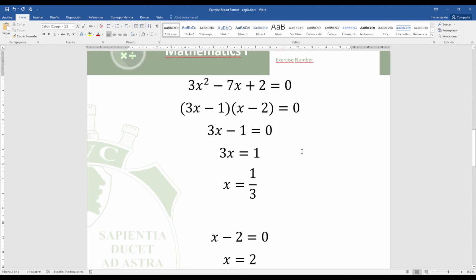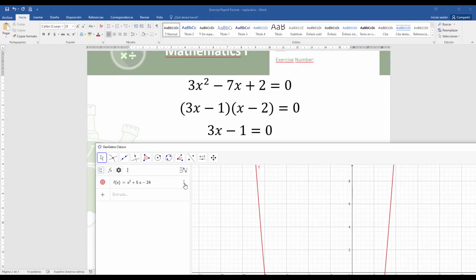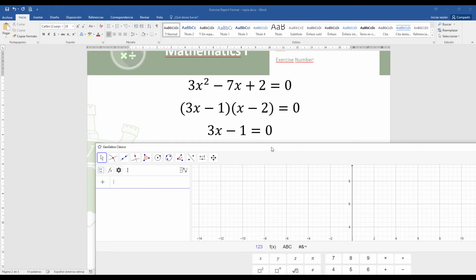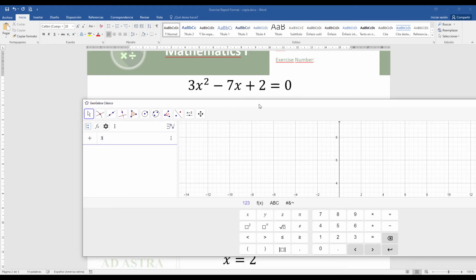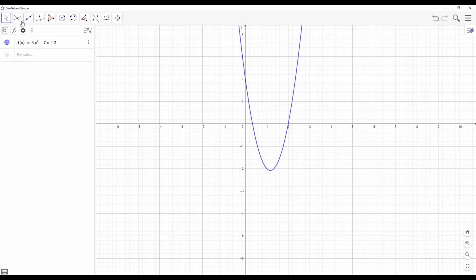Now you need to check if that is correct. I will delete that. This is 3x squared minus 7x plus 2.